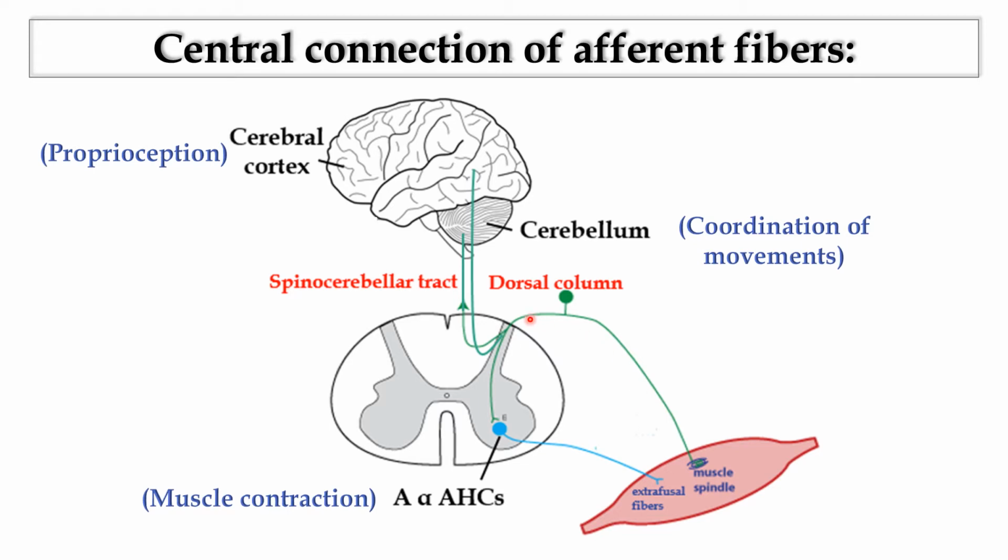The afferent fibers may cross with the dorsal column pathway. Return back to the sensory pathways. You will remember what we mentioned about the dorsal column, carrying the position sense.